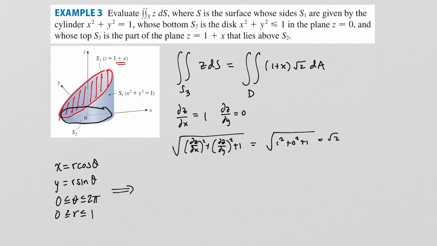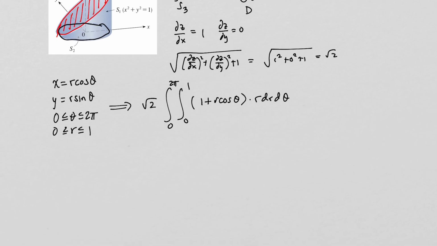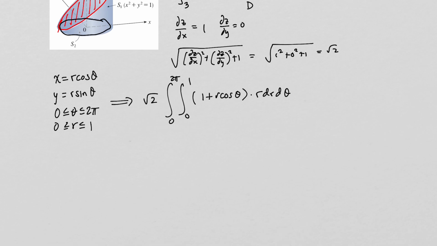And so this integral becomes radical 2, let's factor that out, double integral, 1 plus x becomes 1 plus r cosine of theta. And then don't forget there's r dr d theta. This is when you change over to polar coordinates, with theta from 0 to 2 pi and r from 0 to 1. And now we just need to compute this.